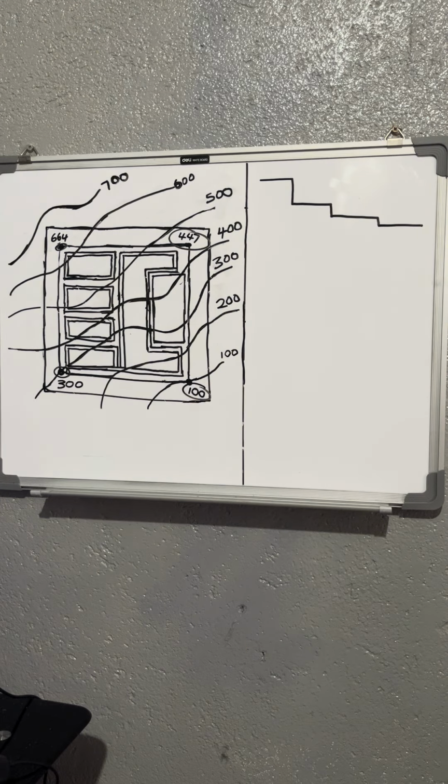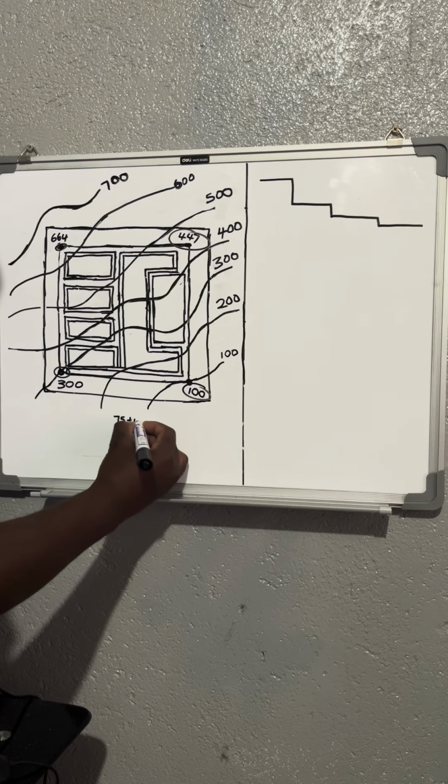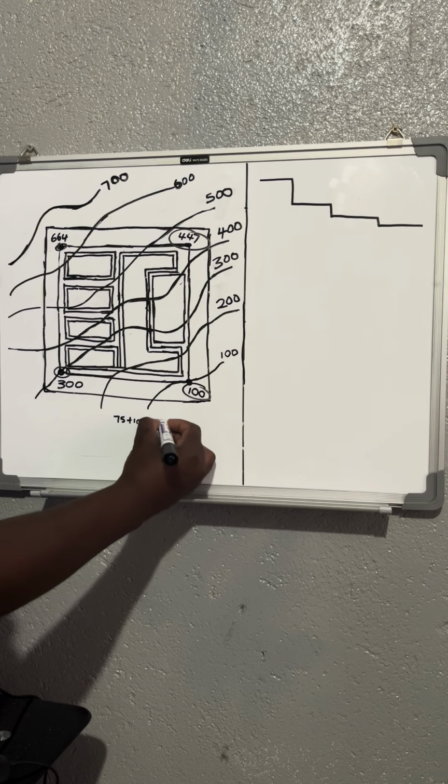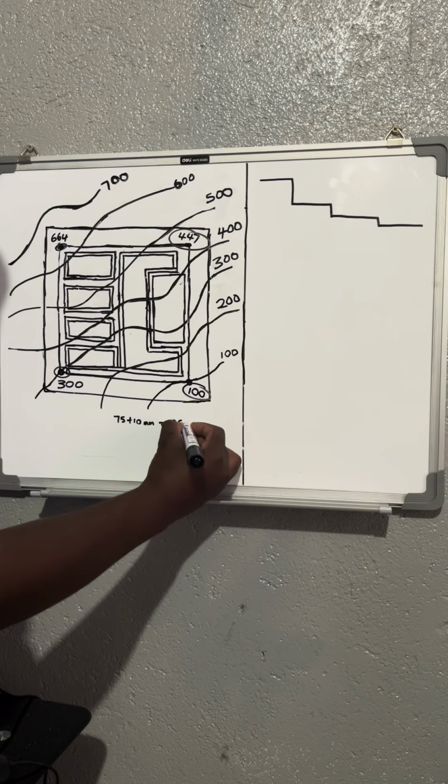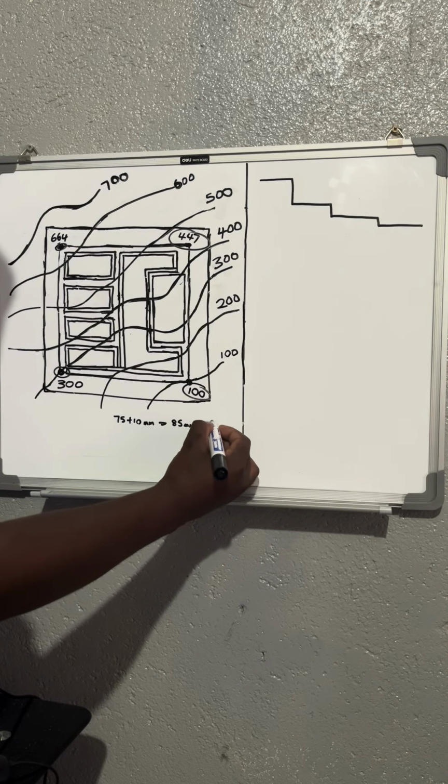Remember, we're also trying to determine the steps, and by determining the steps, it means we're going to be working with brick courses. A standard brick has a height of 75 millimeters, then we add 10 millimeters for mortar, so we have 85 millimeters. This is your one course.